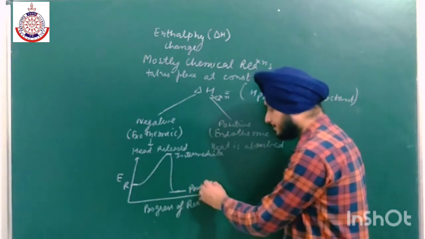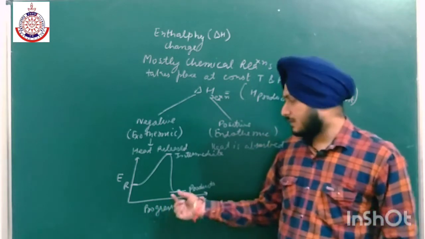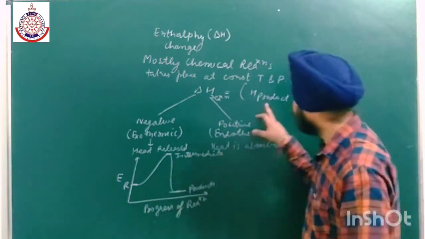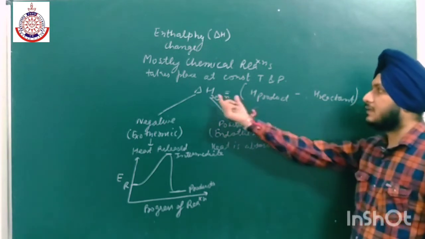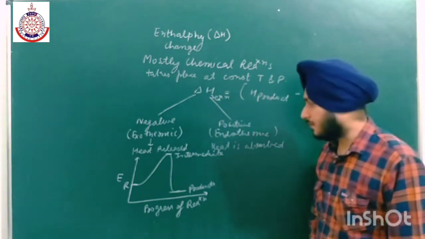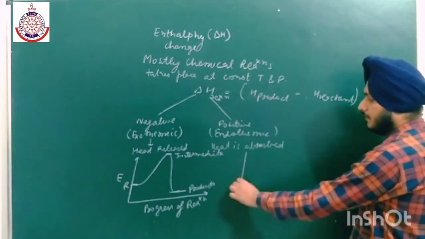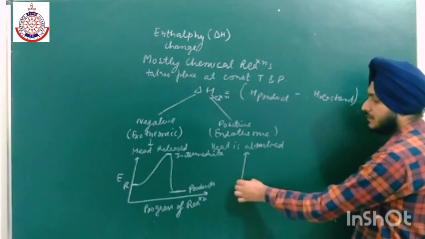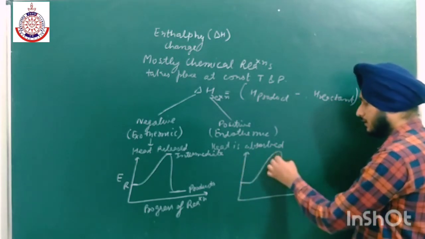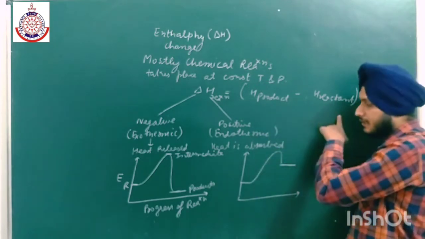So in case of exothermic reactions, the energy of products is less. It means the H value of product is less as compared to reactant. That is why the delta H comes out to be negative. This is the diagram for an exothermic reaction, and for endothermic, we are supplying some amount of energy, so the H of product is greater than that of reactant.